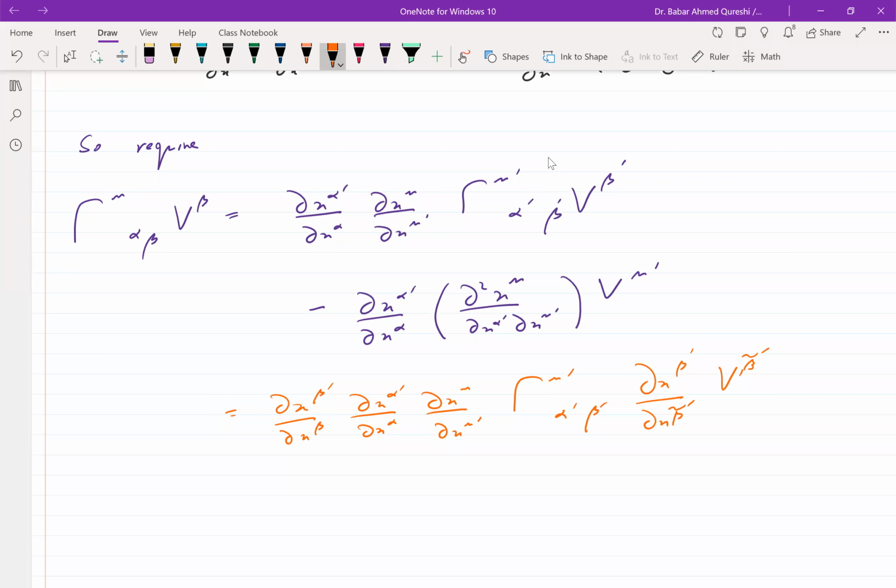So this comes from here, and this I want to cancel with, I have a beta dash here, beta dash here, beta here. So let's keep this as beta. So now this has a proper transformation between primed index from the left side and primed index on the right hand side and unprimed from the left hand side. I have just included how the vector is going to change. So I have separated out the vectors' transformation.